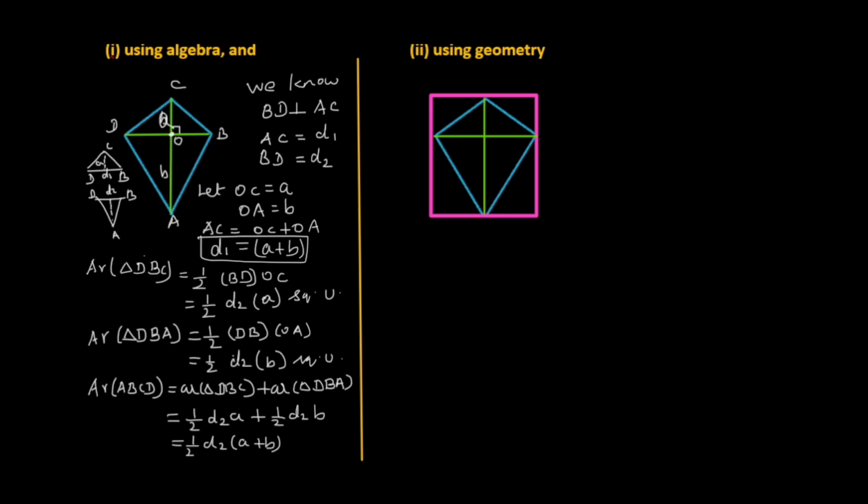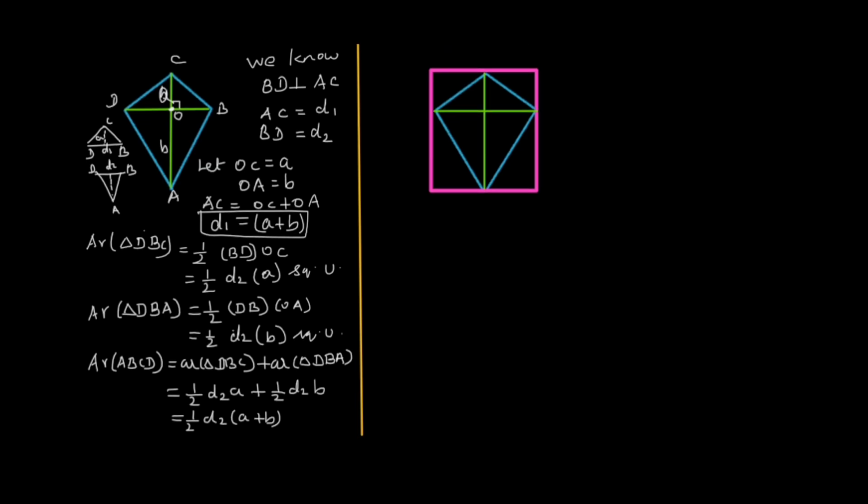So when we replace that, we get half into D2 into D1 square units. So this is the area of the kite ABCD, half into D1 into D2. So algebraically we got the area of the kite.